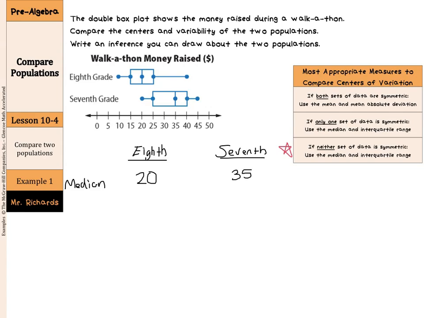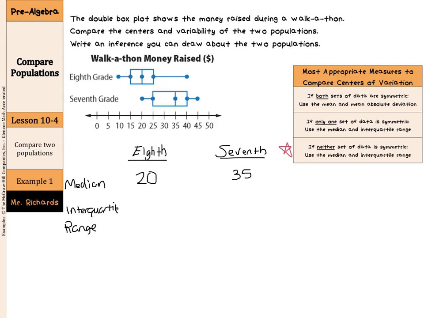What about the interquartile range? Again, the box goes around this interquartile, if you will. It goes around quartile 1 and 3. And so what we need to look at is, well, this is 25.